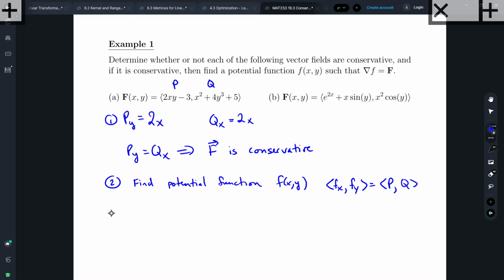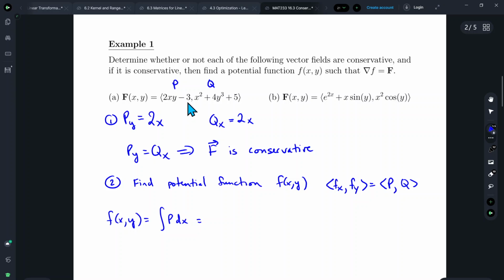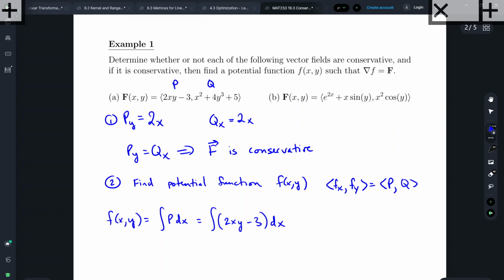So f of xy is the integral of P with respect to x. Right, so what is P? It's this expression here. So we integrate the expression 2xy minus 3 with respect to x.